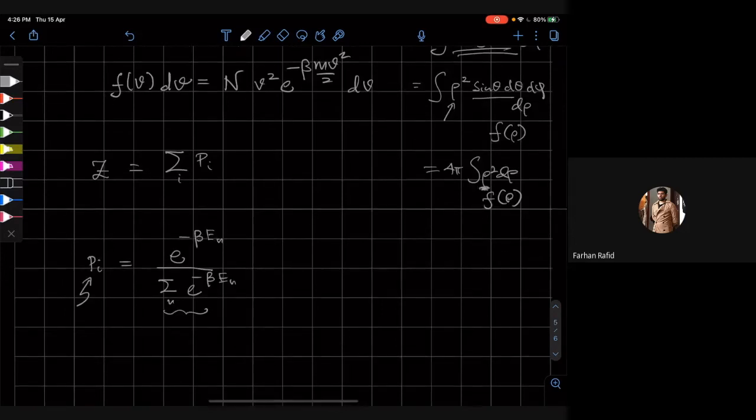And this thing is what we identified as the partition function. So the partition function has the interpretation that it is the sum of all the unnormalized probabilities, right?